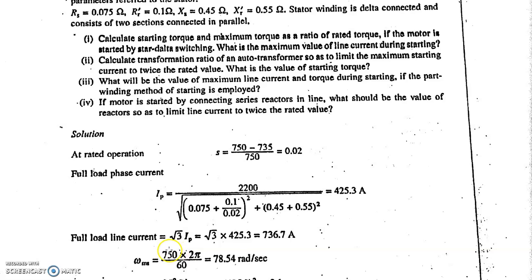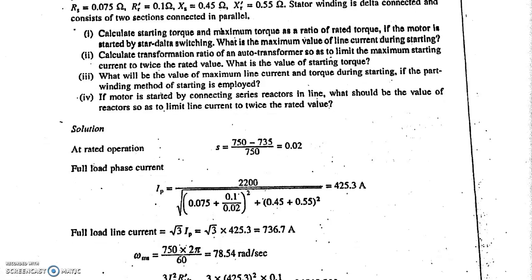This is omega ms calculated in radian per second, or 750 into 2 pi upon 60. We multiply 750 by 2 pi upon 60, so it becomes radian per second.